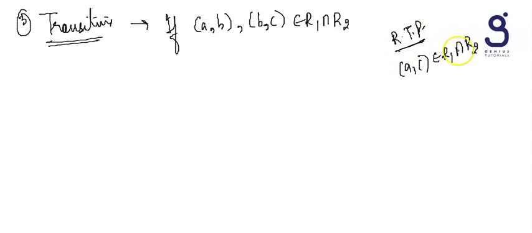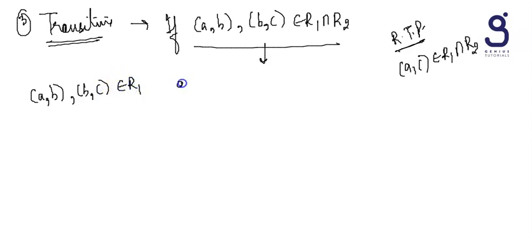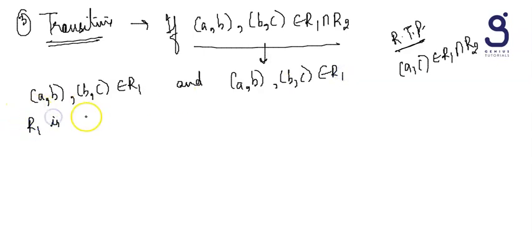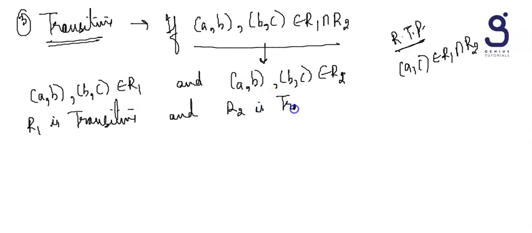Now let's see whether it is true or not. Since (a, b) and (b, c) belong to R1 intersection R2, we can say that (a, b) and (b, c) belong to R1 and they belong to R2 also. And we know that R1 is transitive, because it is given in the question that R1 is an equivalence relation. In the same way, R2 is also transitive.